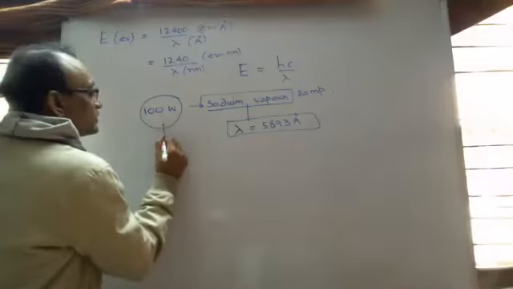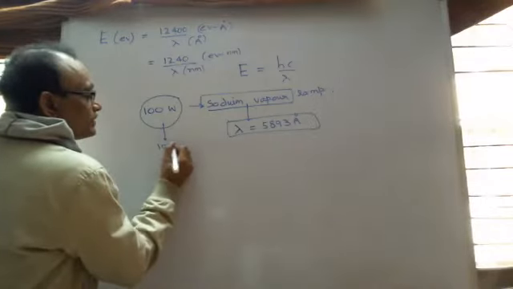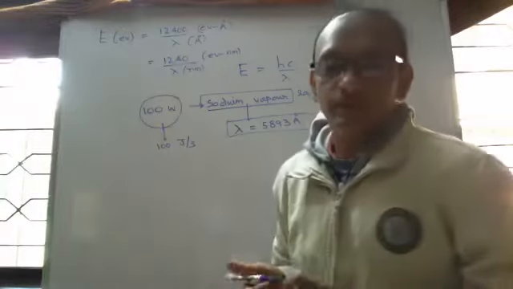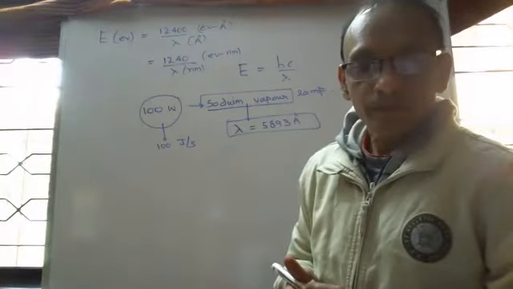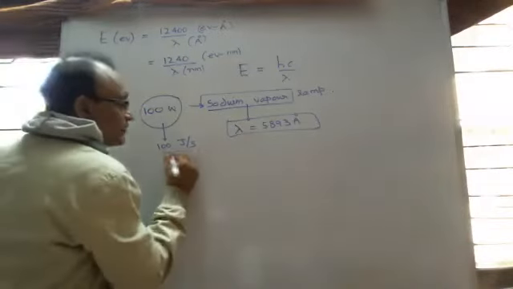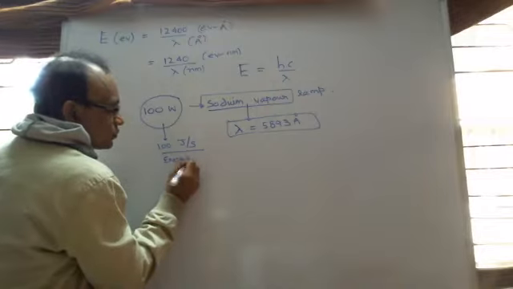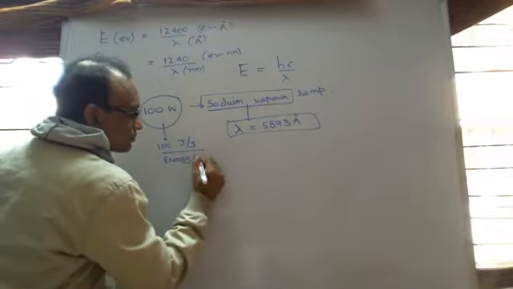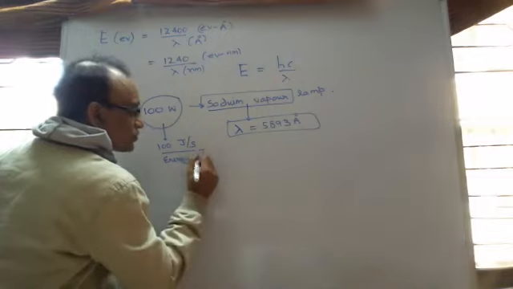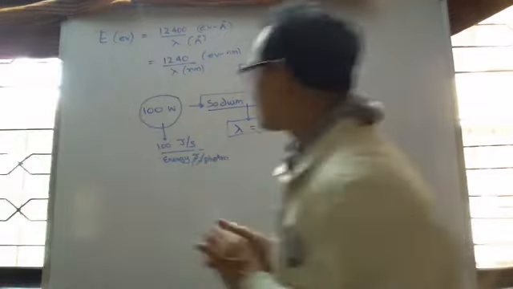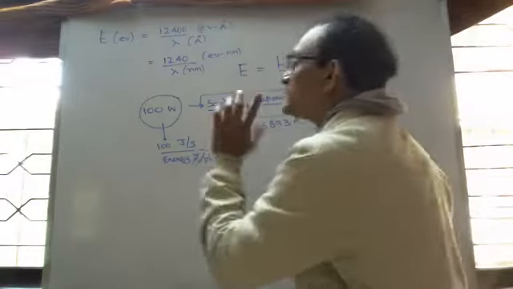तो what does this do? This is doing like 100 joules per second of energy it is emitting. 100 joules of energy per second it's emitting, divided by energy per photon, energy in joules per photon, will give me the number of photons per second it is emitting.